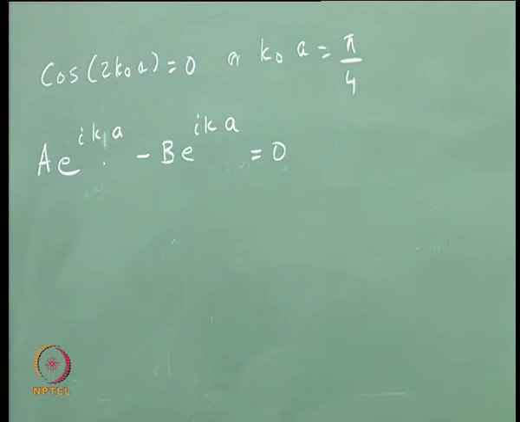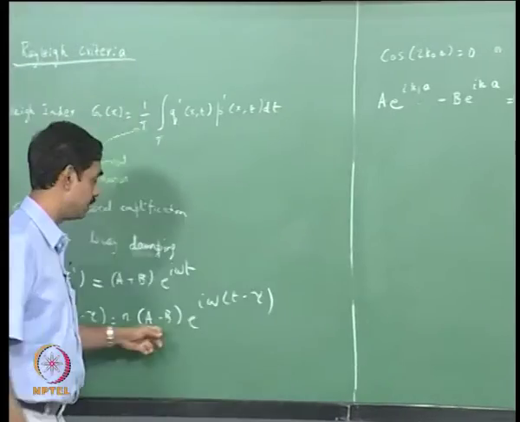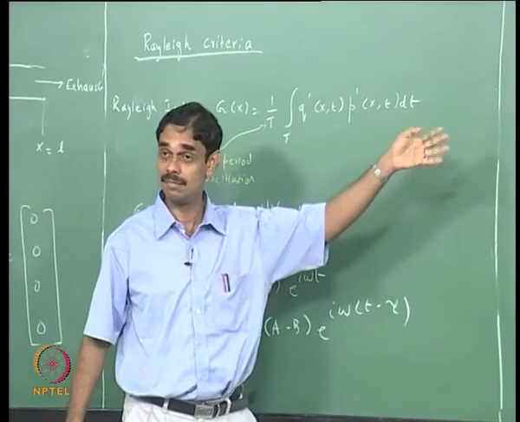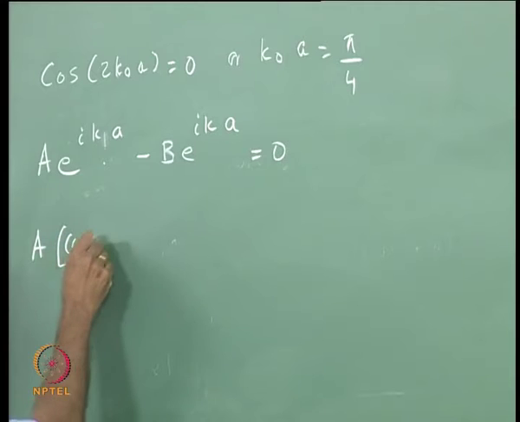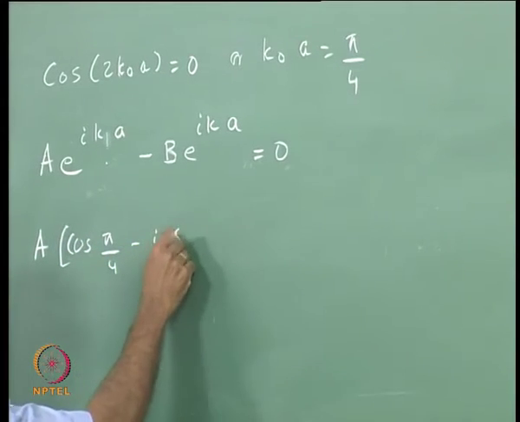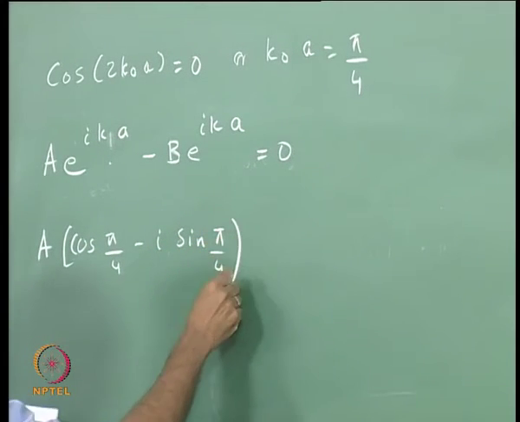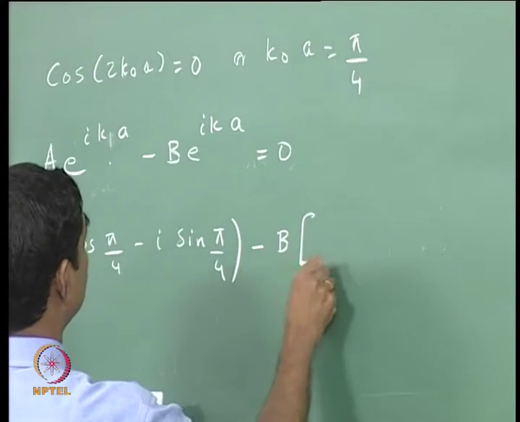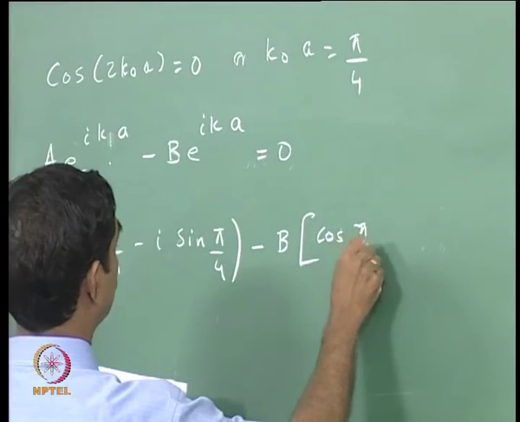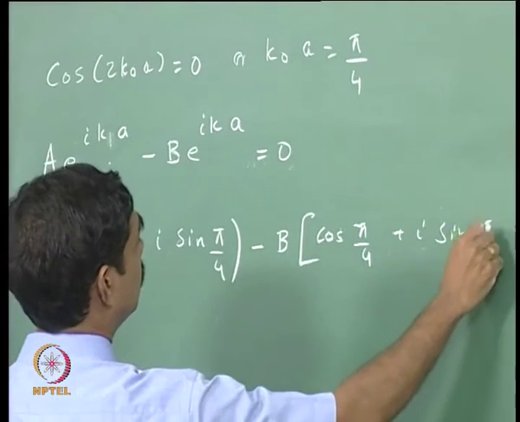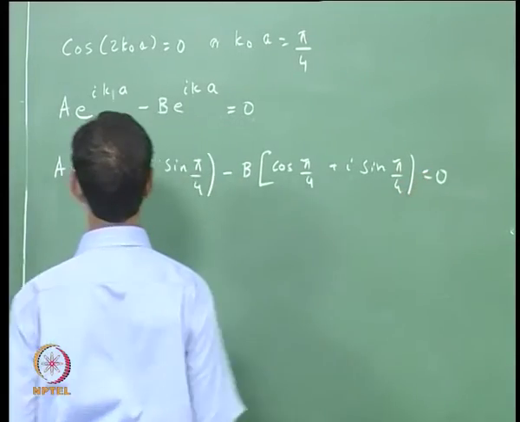This was the boundary condition at x equal to 0, velocity is 0. We can use anything, but we need a relation between A and B, so it is good to have a relation which has just A and B. So this can be written as A into cos pi by 4 minus I sin pi by 4, minus B into cos pi by 4 plus I sin pi by 4 equal to 0.